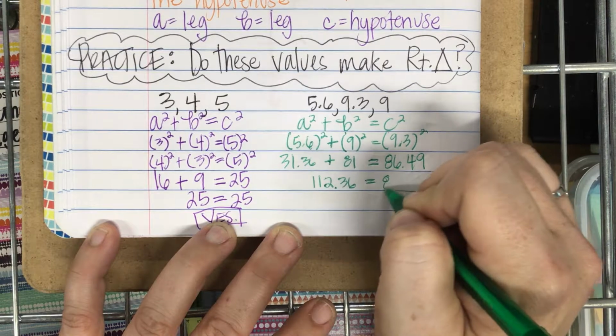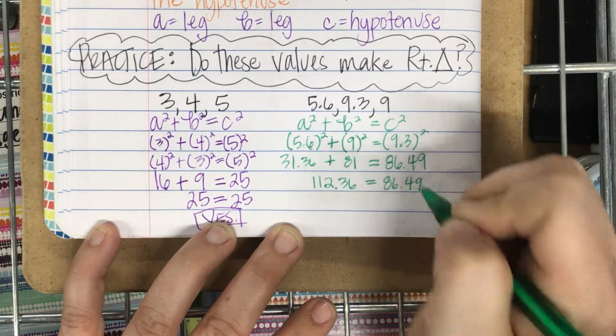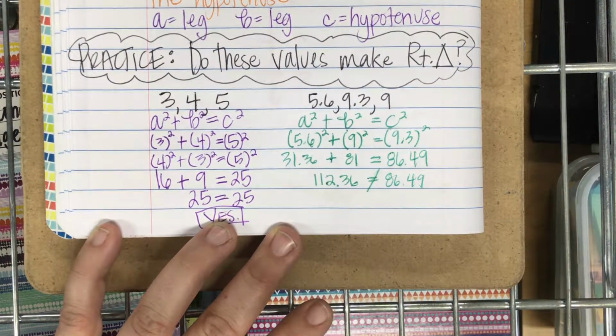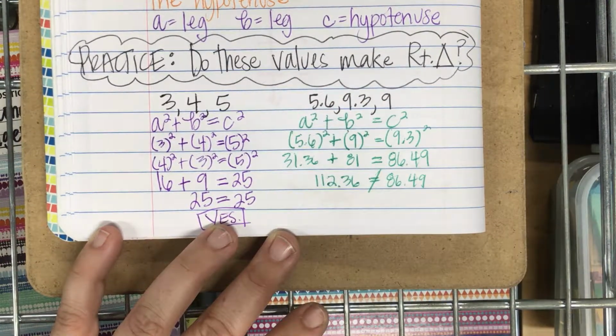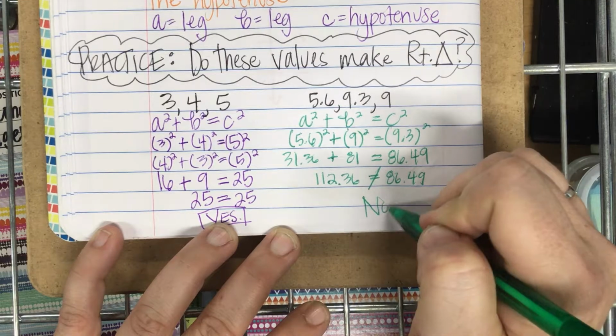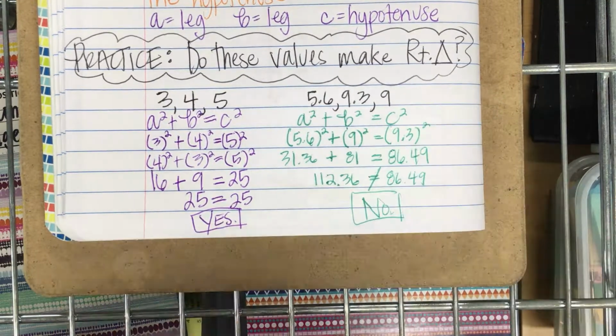Does that equal 86.49? So is this a right triangle? No.